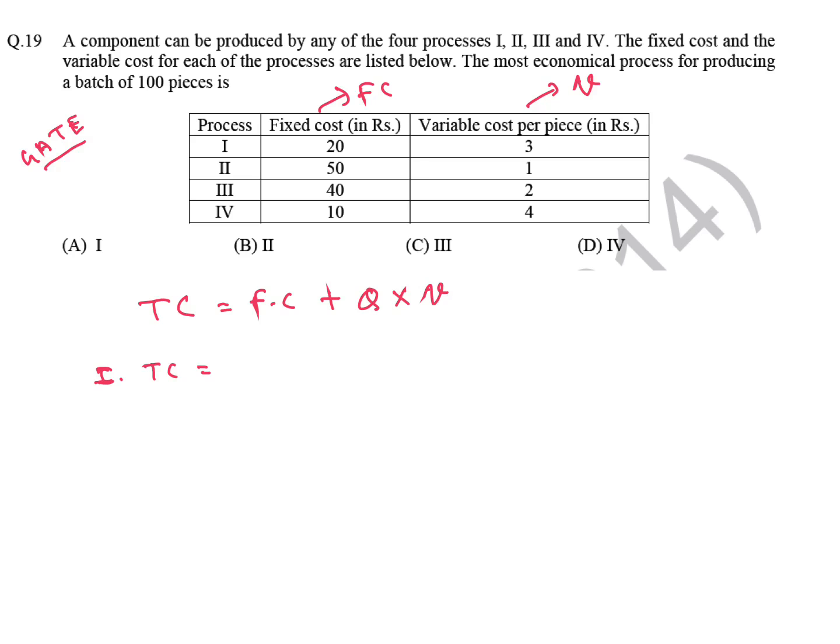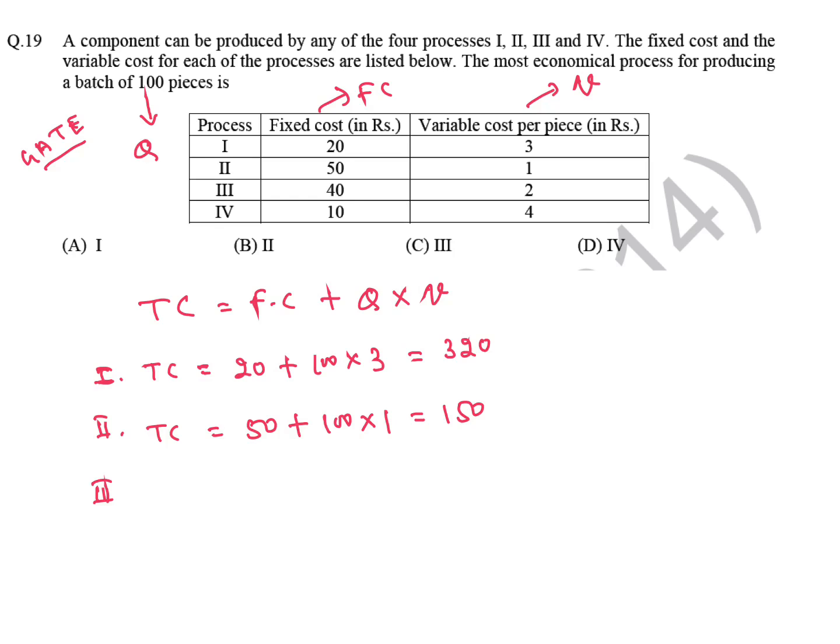For process 1, total cost is fixed cost 20 plus Q, here 100 pieces, into variable cost 3. So you will get 320 rupees. For the second, total cost is fixed cost 50 plus 100 into variable cost 1. So you will get 150 rupees.